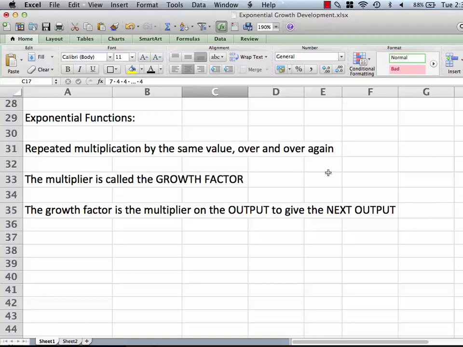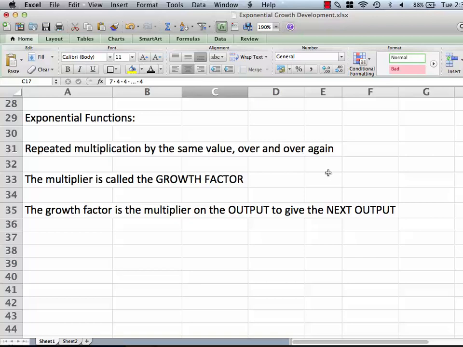And what is that value called that we keep multiplying by? That's our growth factor, okay? And that growth factor multiplies on what to give what? Output to give the next output. So see how specific that is? That's incredibly specific.